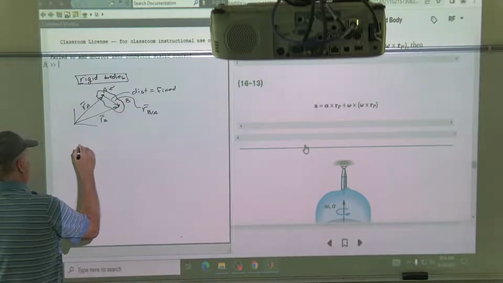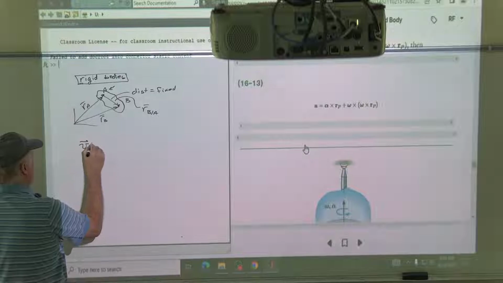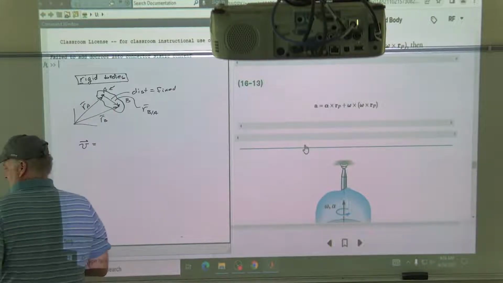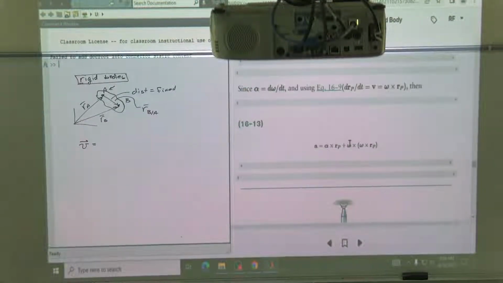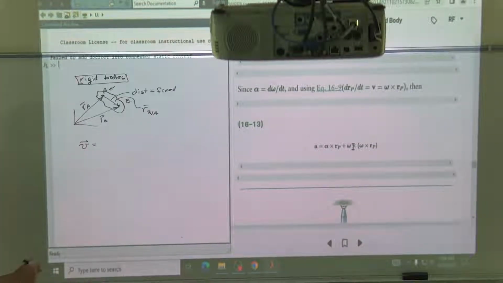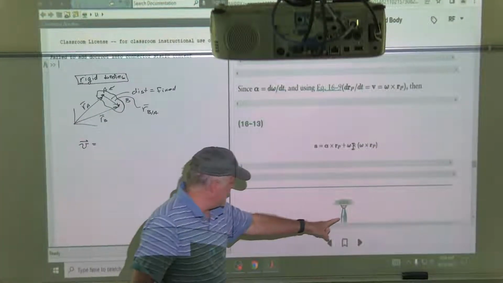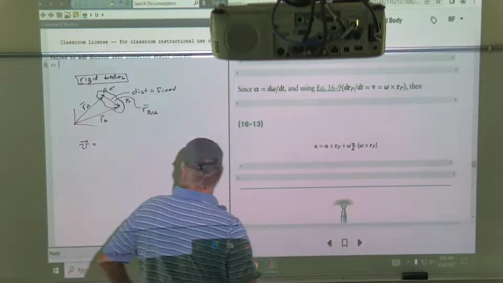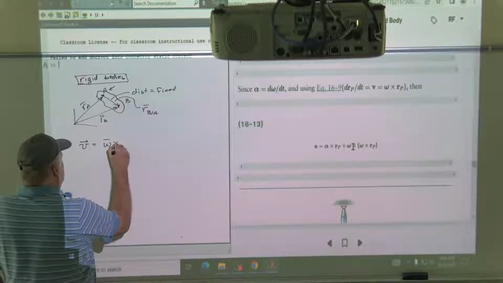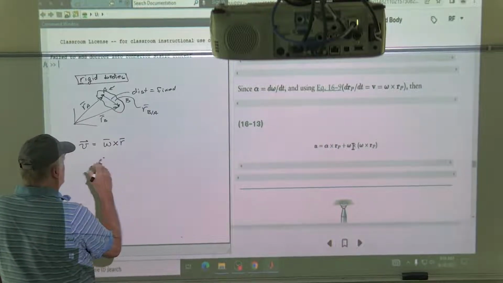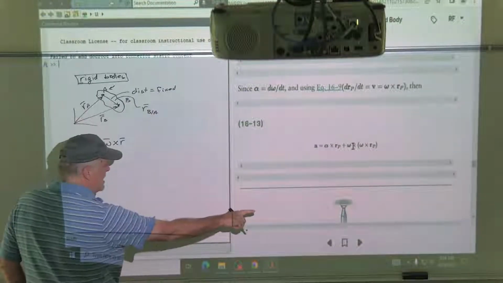What we end up with through all that is, if there's an object that's spinning, like this thing here, you don't see the rest of it, but any point on that spinning object.